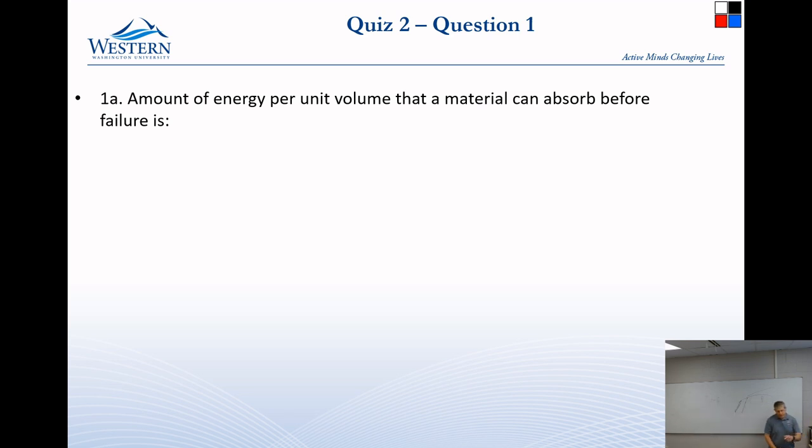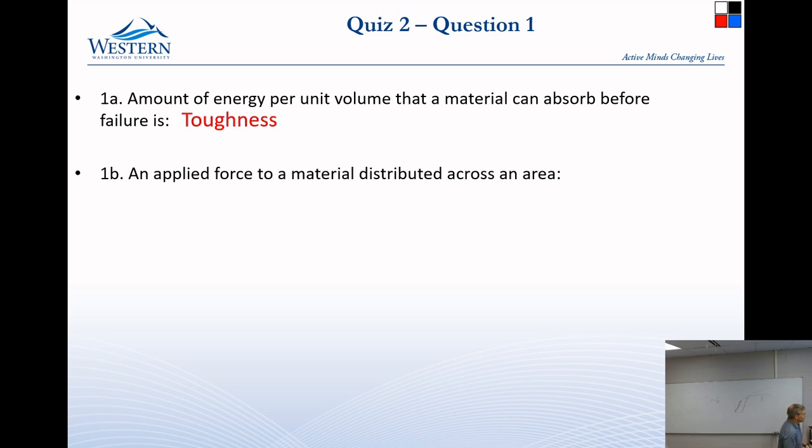The amount of energy per unit volume that a material can absorb before failure is the toughness. Toughness, yes, good. We're thinking about impact when we're thinking about toughness, and it being able to absorb that rather than just shattering.